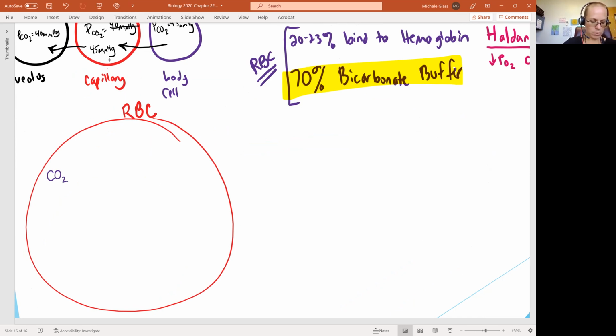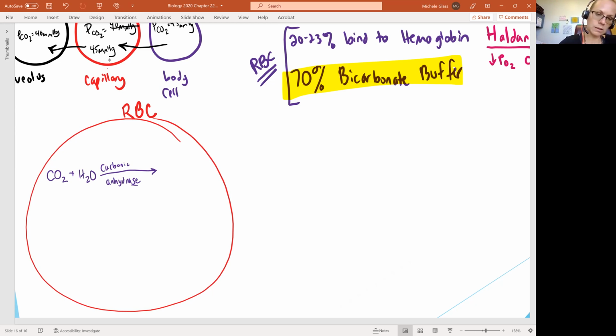Once we're in the red blood cell, the CO2 is going to combine with water in the presence of an enzyme called carbonic anhydrase. We have our ASE ending, which helps us to recognize that this is an enzyme.